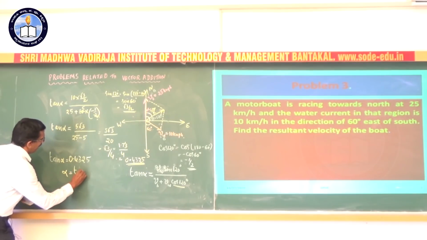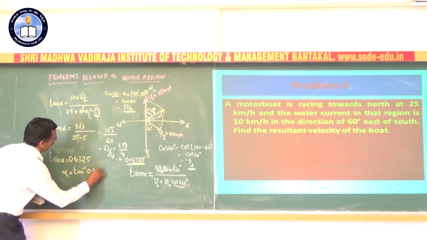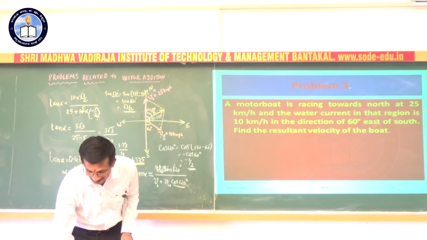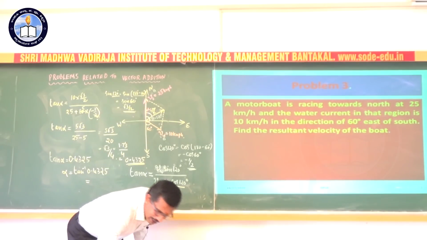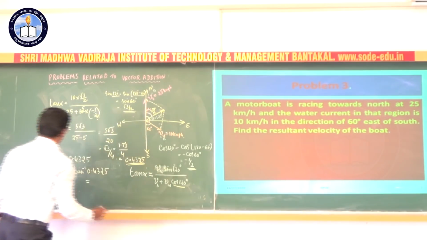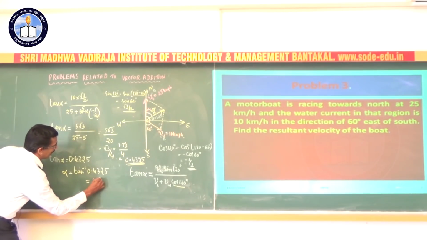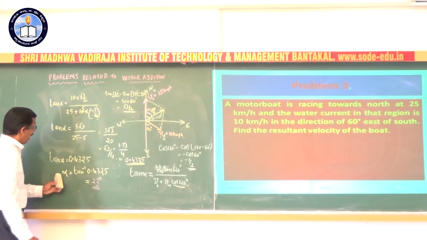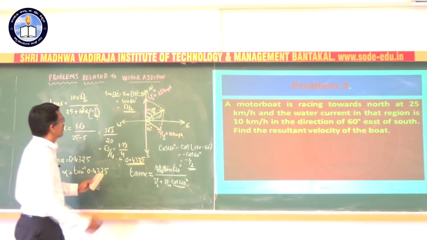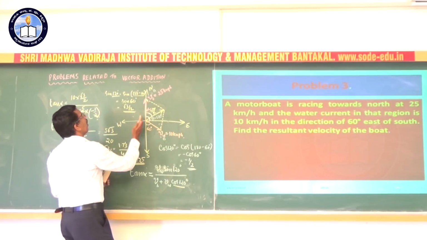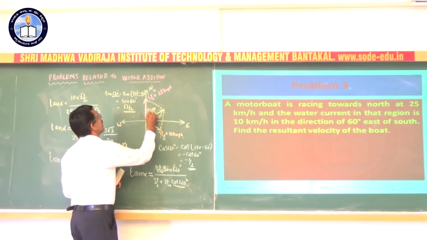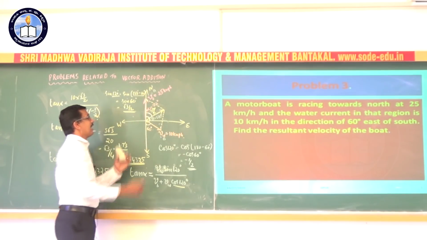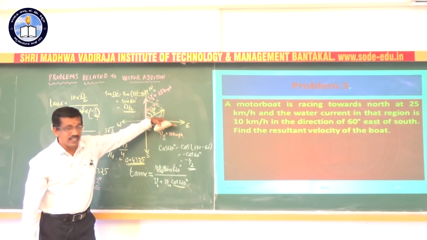So what is alpha? Alpha is tan inverse 0.4325. The answer is nearly equal to 23 degree. This we will get by using Clark's table or mathematics table. Alpha is 23 degree. That means with respect to north direction, the direction of resultant is 23 degree towards east.